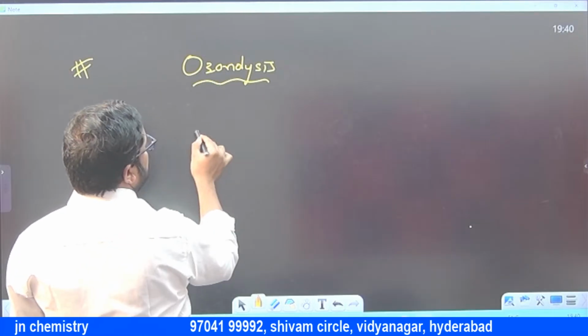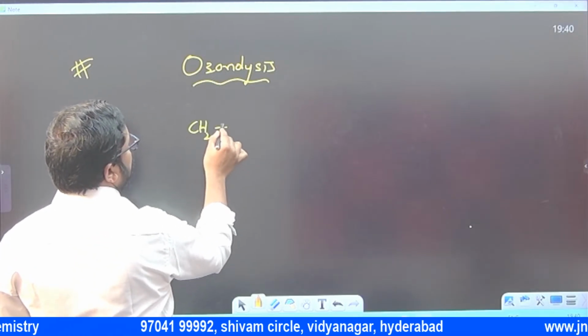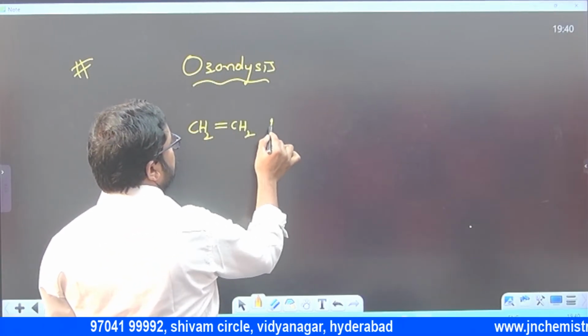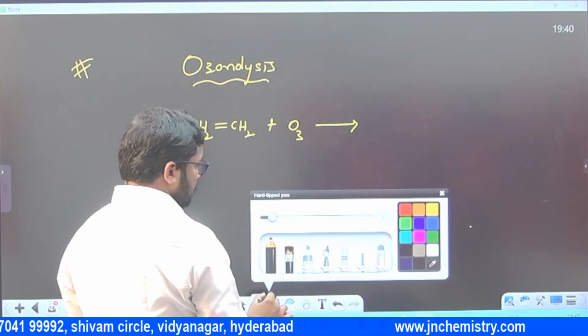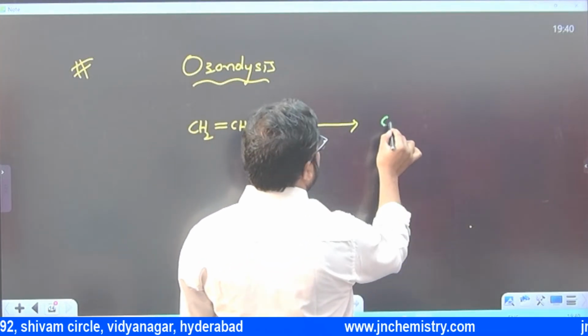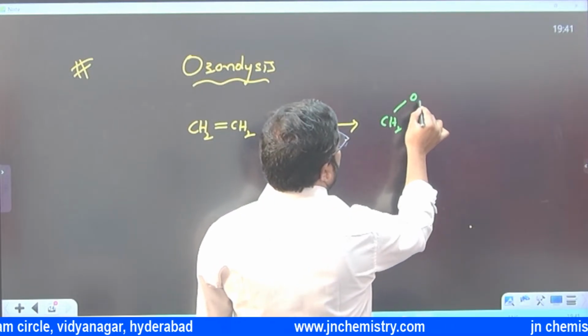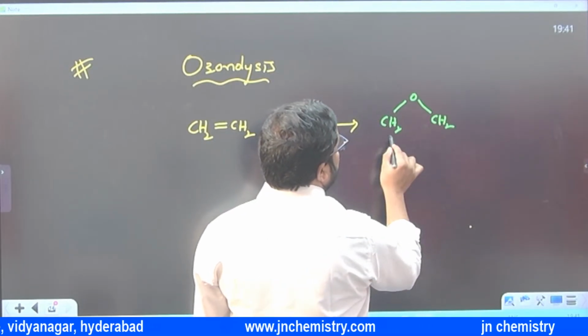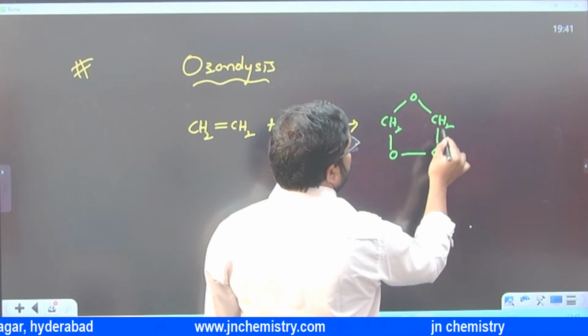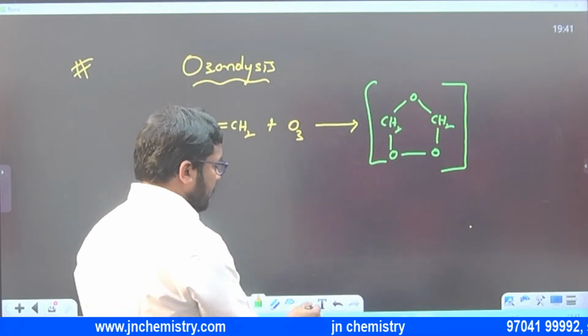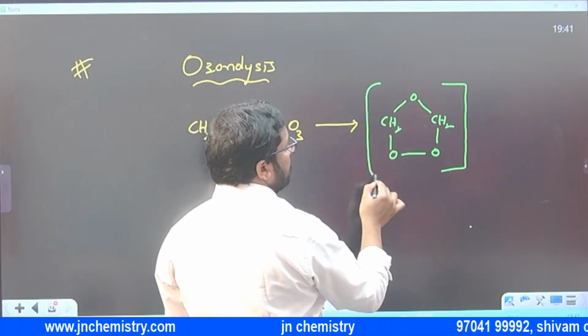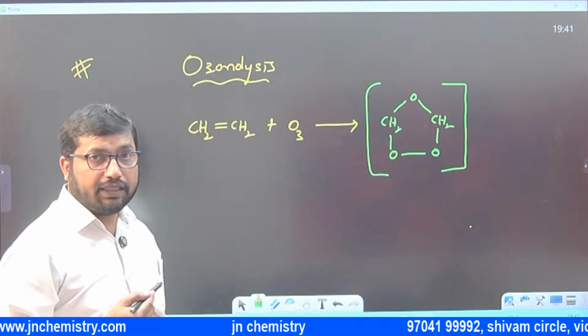Ozonolysis. CH2 double bond CH2, O3, ozone. What exactly happened? An unstable ozonide is forming. Whenever we put something in brackets in organic chemistry, that is unstable.